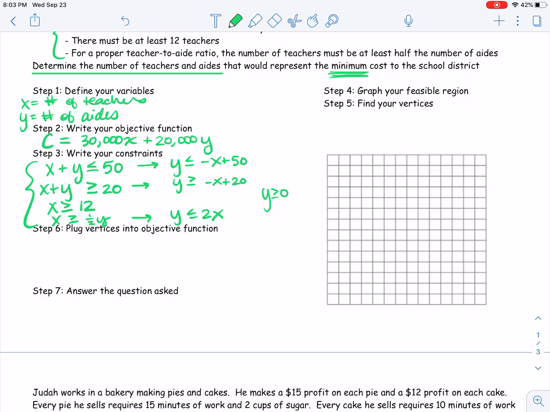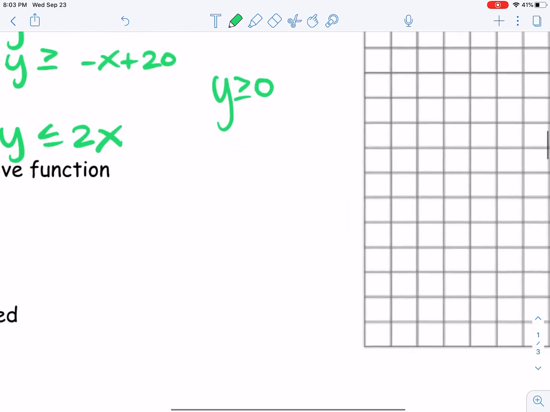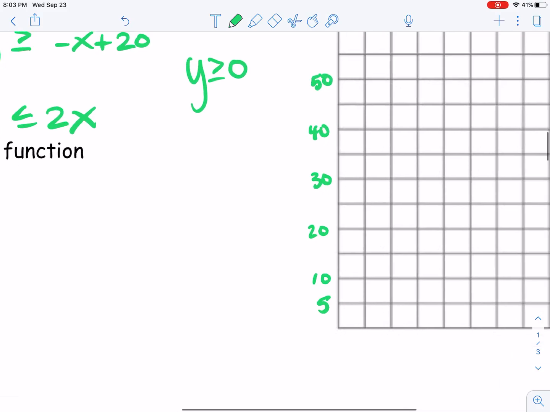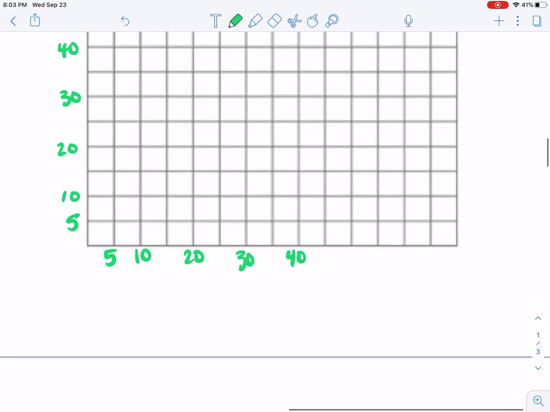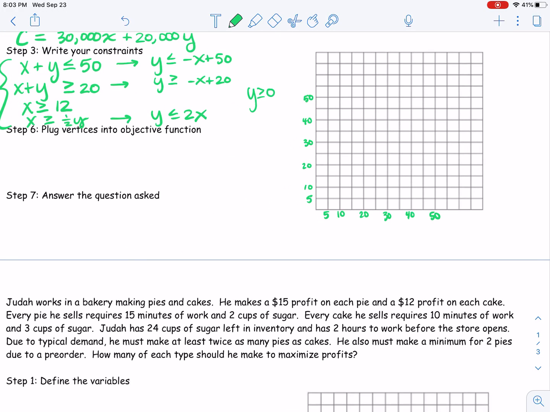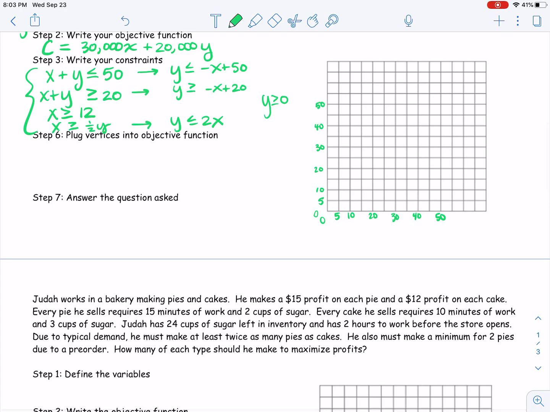It'll be a little bit more spread out than tens. So I'm going to count by fives. So I'm going to call this my 5, 10, 15, 20, 25, 30, 35, 40, and then 50. And I'll do the same scale because if I don't do the same scale, I almost always mess up. You don't have to do the same scale, but it's just easier that way in my opinion. Obviously, this is 0, 0. Okay, so I'm going to start from the top.